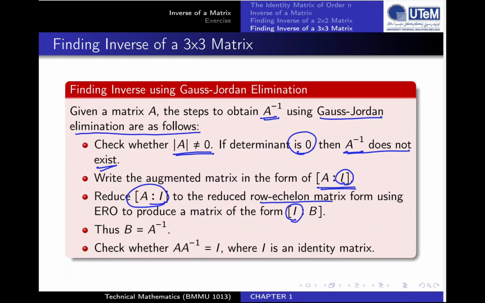After we change it so the identity matrix is on the left hand side, the right hand side becomes a matrix B. This matrix B is equal to A inverse. Then we can check whether the inverse is correct or not, because we know that A times A inverse should equal the identity matrix.